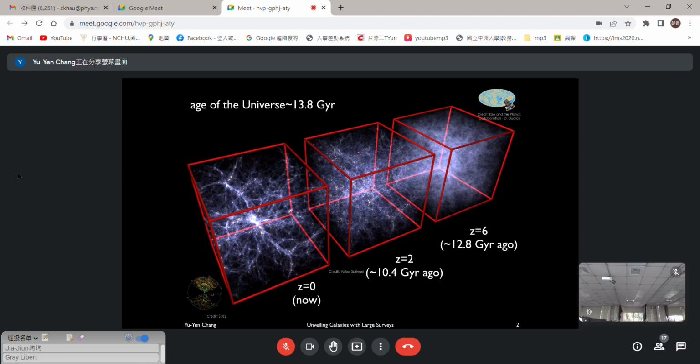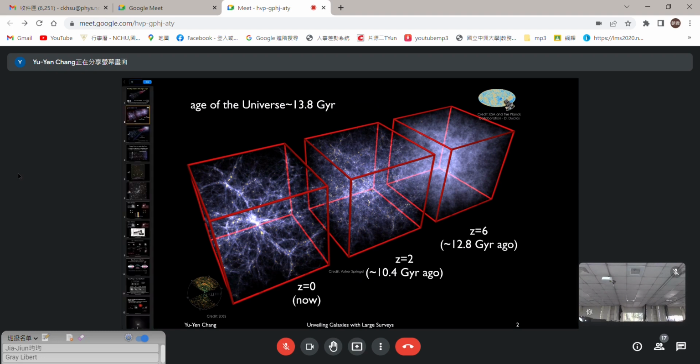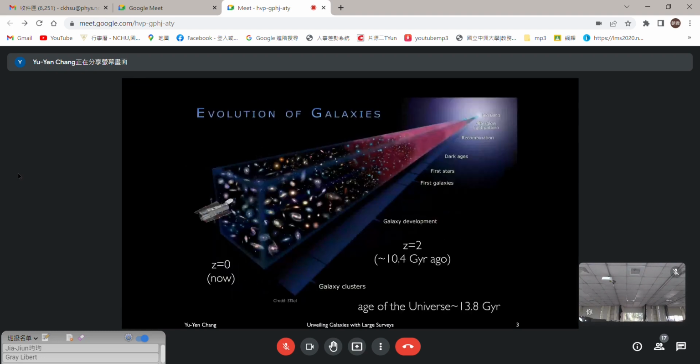If we study the evolution of galaxies, we are able to know the evolution of our universe. Today we know that at around redshift 2, about 10 giga years ago, there is a huge population of galaxies, and today we have enough technology to detect and observe these galaxies.